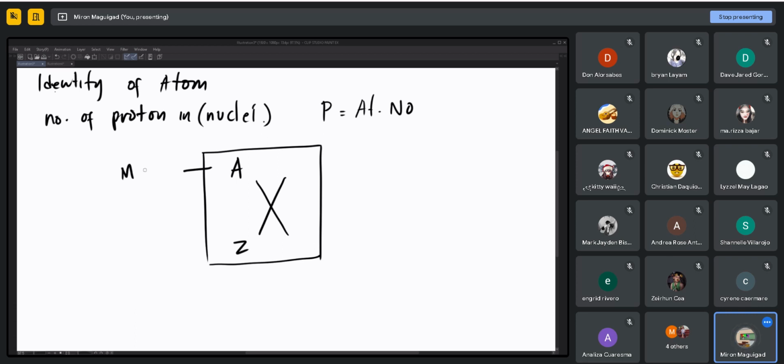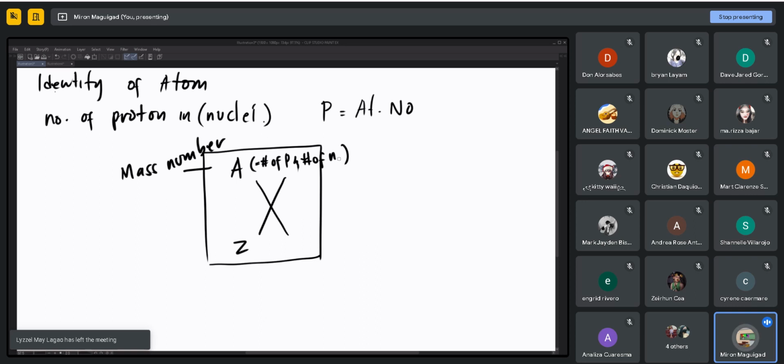This is, let's say, mass number, meaning the number of protons and number of neutrons.